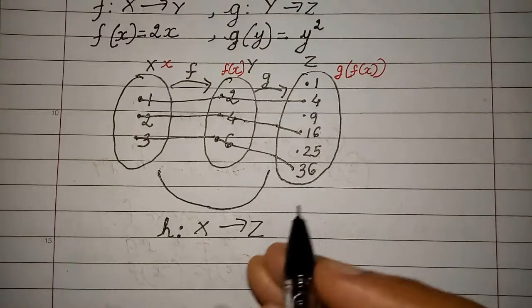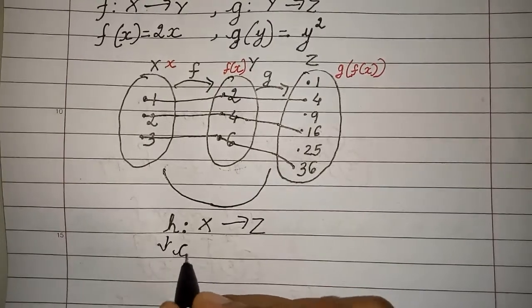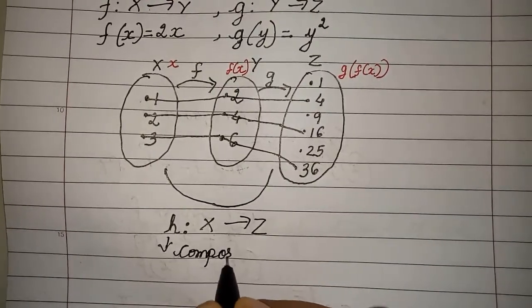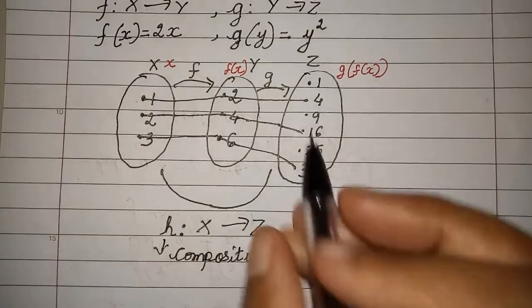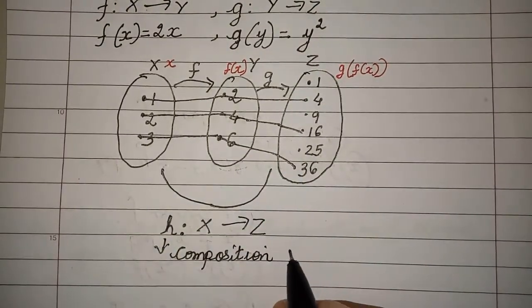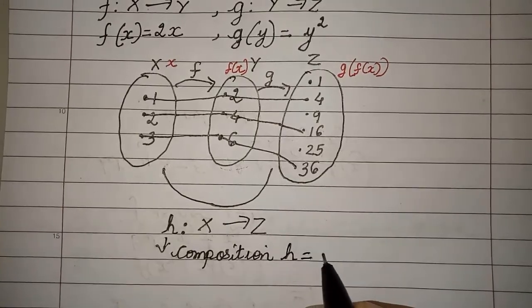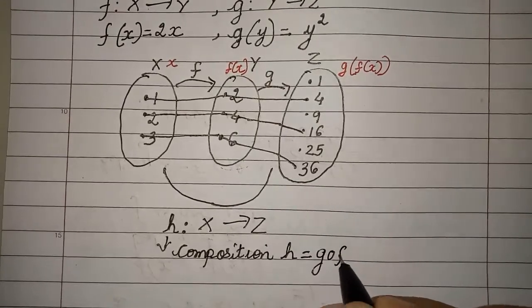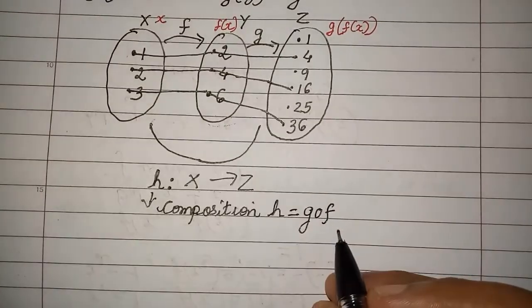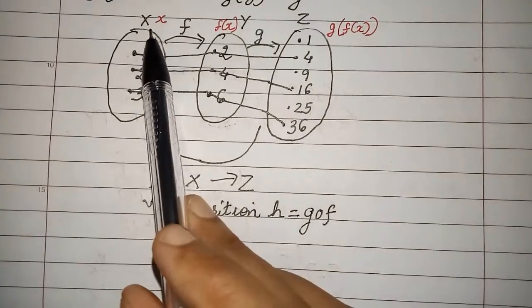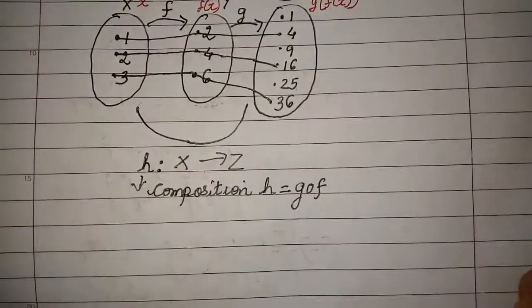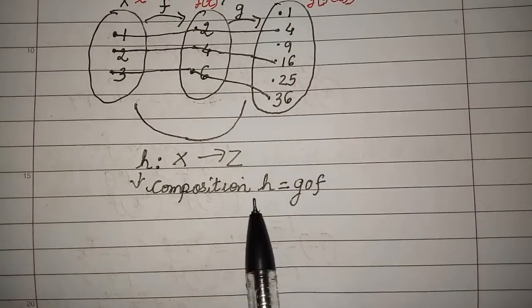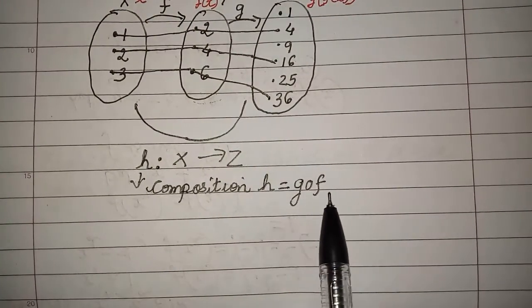So h is called the composition function of f and g. When we look at the elements, h is equal to g composite f. Now why do I write g composite f? Because as I told again and again, x is becoming f of x and the function g is operating on f of x. So I write the composition as h is equal to g composite f.